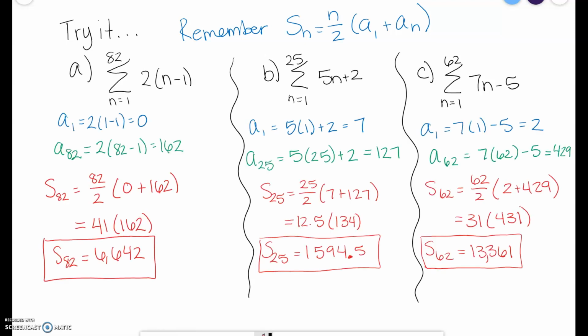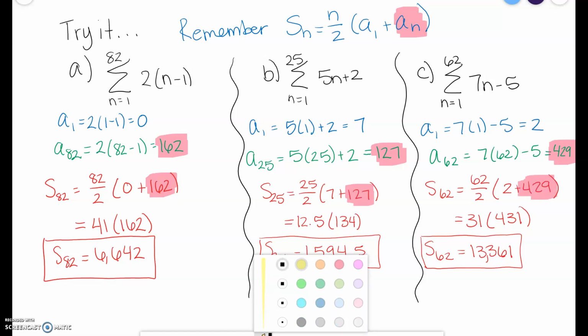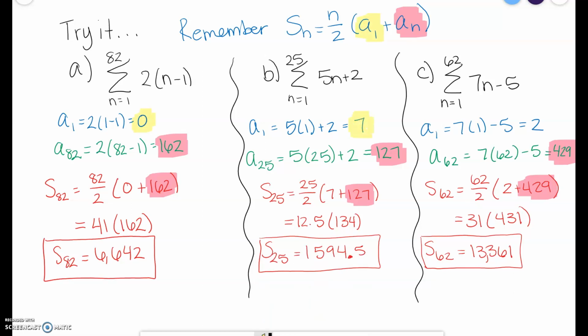Okay, so again, we had to find the last term in all of them by plugging in whatever n was into the equation and finding what that last term was, and that going inside right here. And then we also needed to find the first term, which you'll see on the top in blue, and plugging it in.